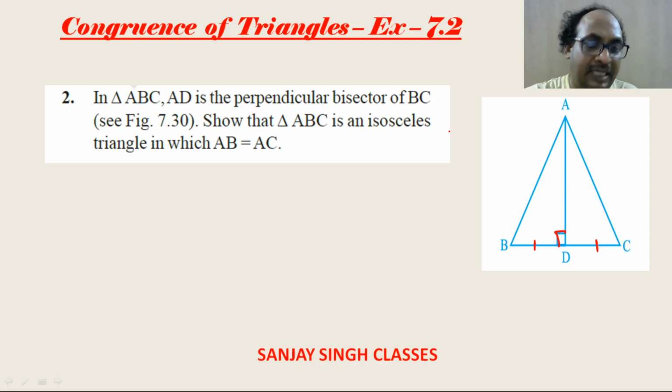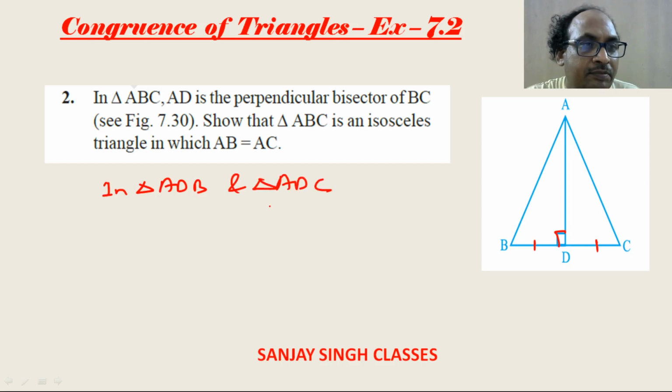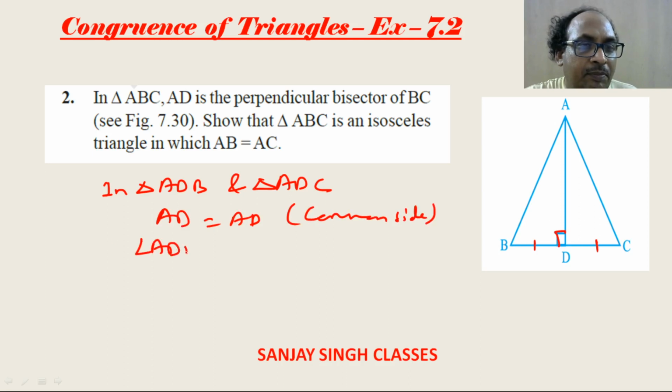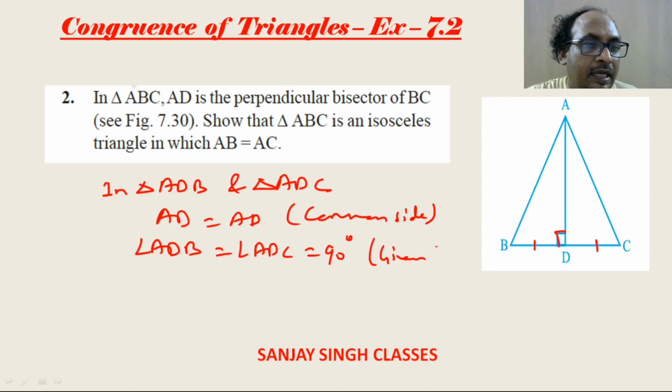Okay, so in this case, in triangle ADB and triangle ADC, we can say that AD is equal to AD, common side. Then angle ADB is equal to angle ADC is equal to 90 degrees, given as AD is perpendicular to BC. Okay. Similarly, BD is equal to DC.